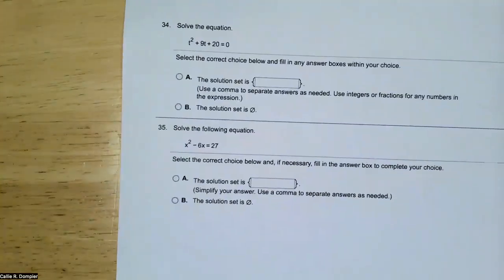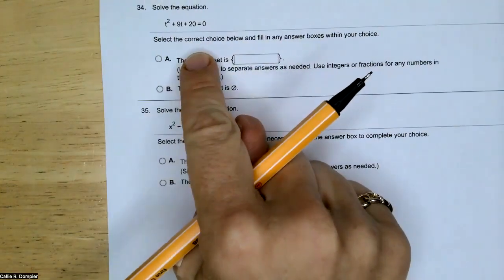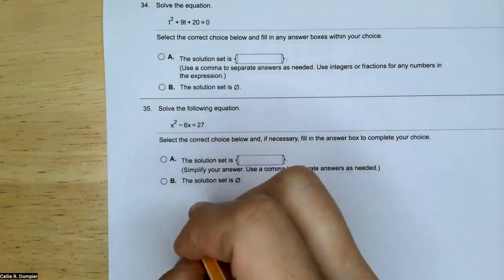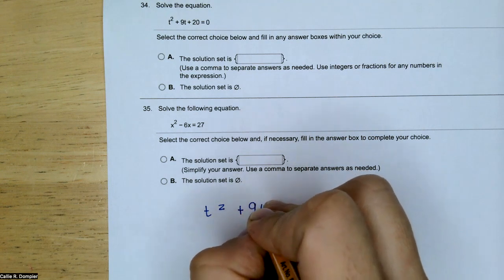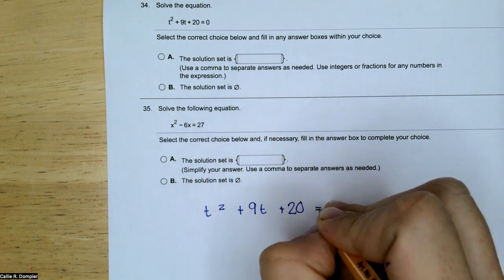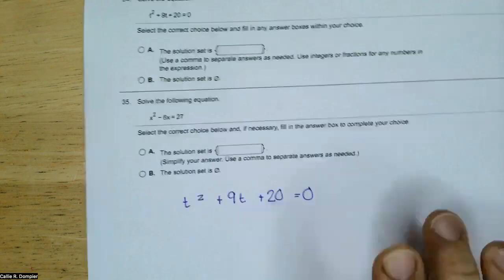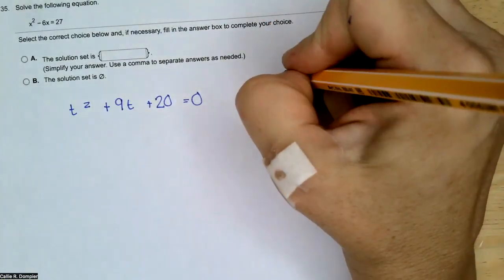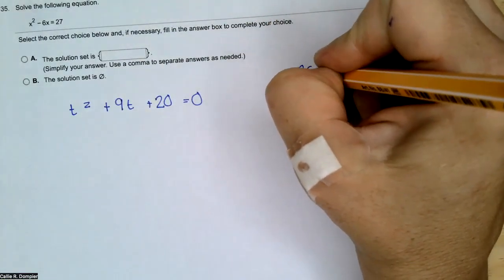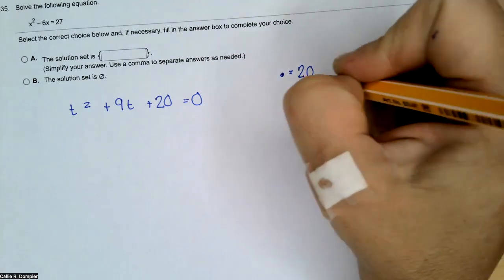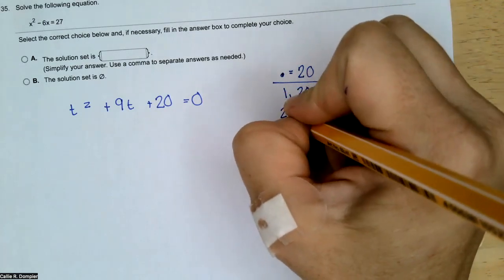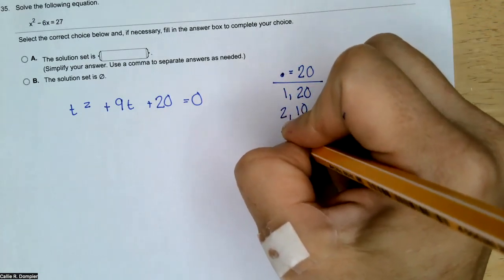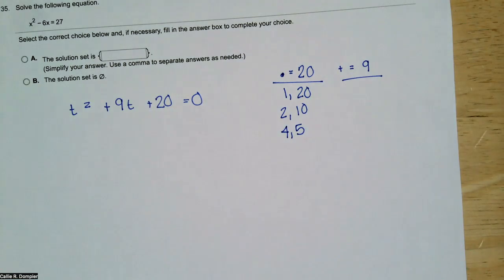My last two examples, you're going to have to first factor it and then find what t is. So we have t squared plus 9t plus 20 equals 0. I want to find t because I have it equal to 0. It needs to multiply to equal 20 and add to equal a positive 9. What are the factors of 20? 1 and 20, 2 and 10, 4 and 5, right? 4 plus 5 is 9.